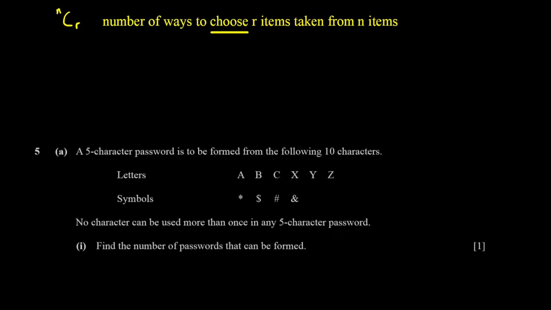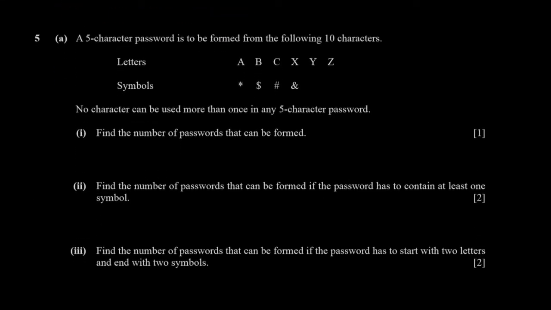And generally what happens is in the question, context determines whether or not order matters. So you don't want to say to yourself, this question's got letters, therefore it's permutations, or this question has got people, therefore it's combinations. What you want to do is instead reason out, in this particular circumstance, is the order going to be important?